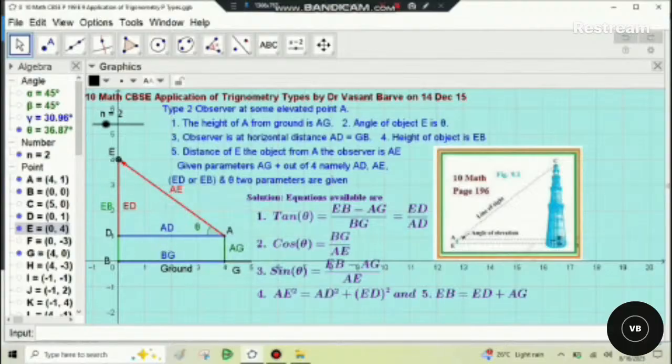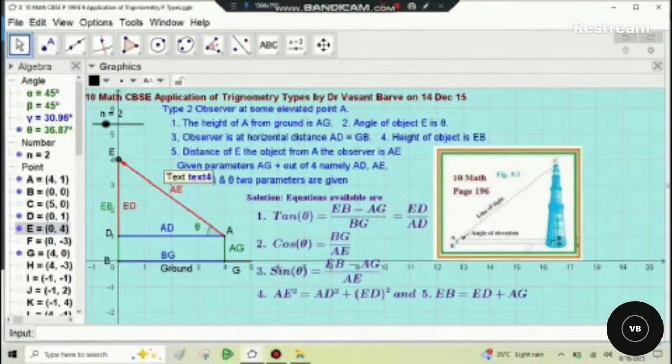Okay, let us see what is happening. I will read out for you. Type 2 problem: observer at an elevated point A. This may be eye level, or he may be standing on a building, or maybe a table, stool, anything. So this is the level from which the angle is being measured.